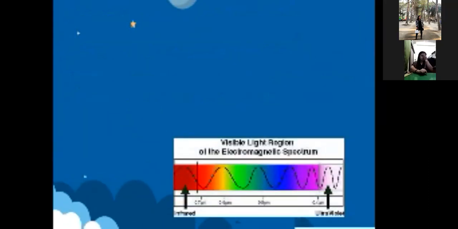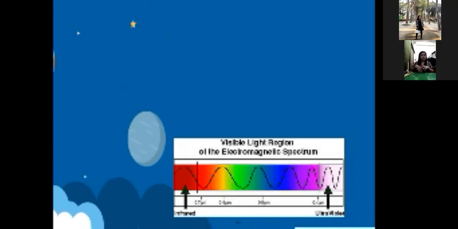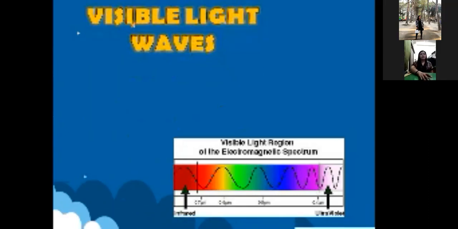Next, let's go to the different kinds of light that not just affect us, but also give us the opportunity to see other reflections of it when it is in the atmosphere or in some places. We have here what we call visible light waves. As you can see in the picture, there are different colors that define the electromagnetic spectrum.